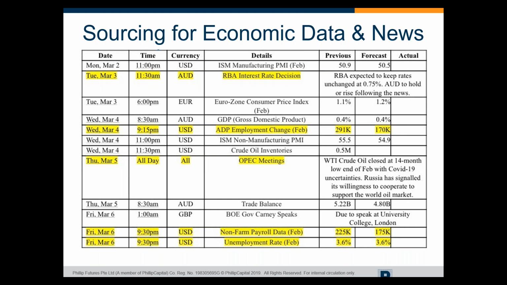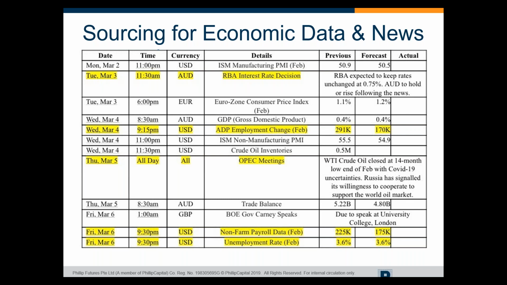So for Tuesday, March 3rd, there was the Bank of Australia interest rate decision. It was largely expected for them to hold interest rates, but in the end they cut interest rates due to the COVID-19 virus, and because tourism and all that will definitely be slowing down the economy, they cut interest rates.